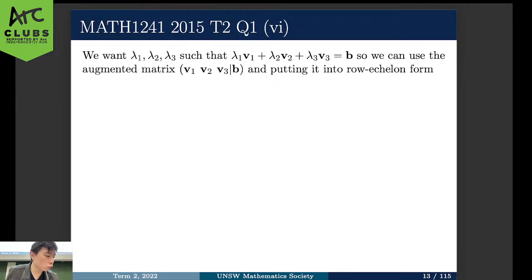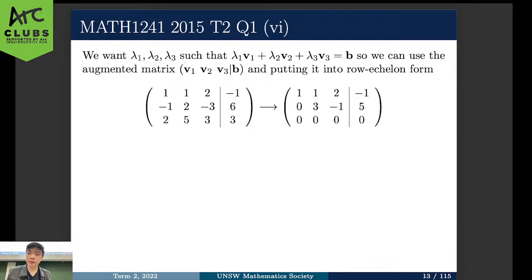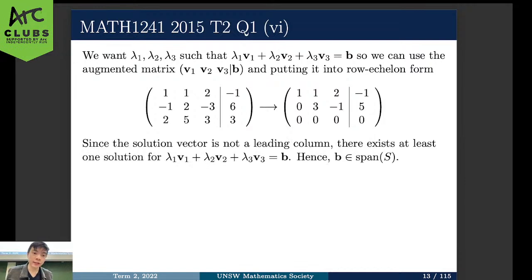So, of course, we can use an augmented matrix, as we have before, and we just put it into row echelon form. The reason we know that a solution does exist for this equation is because the solution vector is not a leading column. A leading column is essentially, if you look from left to right in each row of the row echelon form, so let's look at this matrix right here, we just look at which non-zero number comes up first in the row.